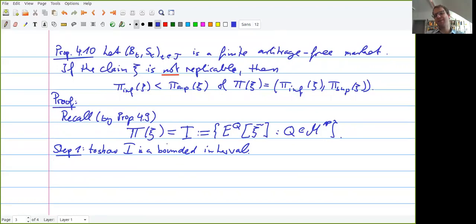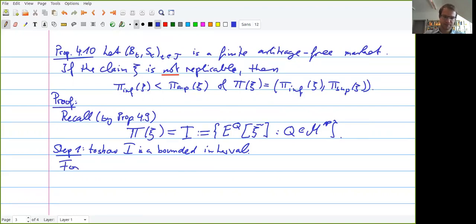I is a set on the real line. In order to verify that it's indeed an interval, we just need to show that it's a convex set. If you have two points, everything in between is also in the set, and this is an interval.